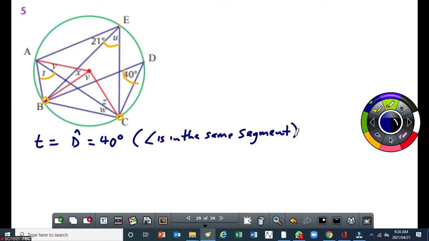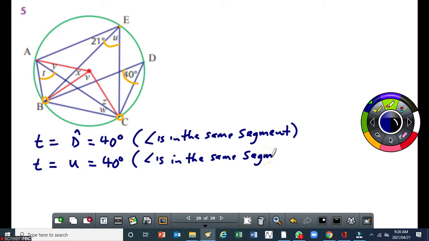U. So I'll say angle T is equal to angle U. They are both equal to 40 degrees. The reason is the same, angles in the same segment. So I now have my T, I've got my U. Looks nice, eh? So let's move on.